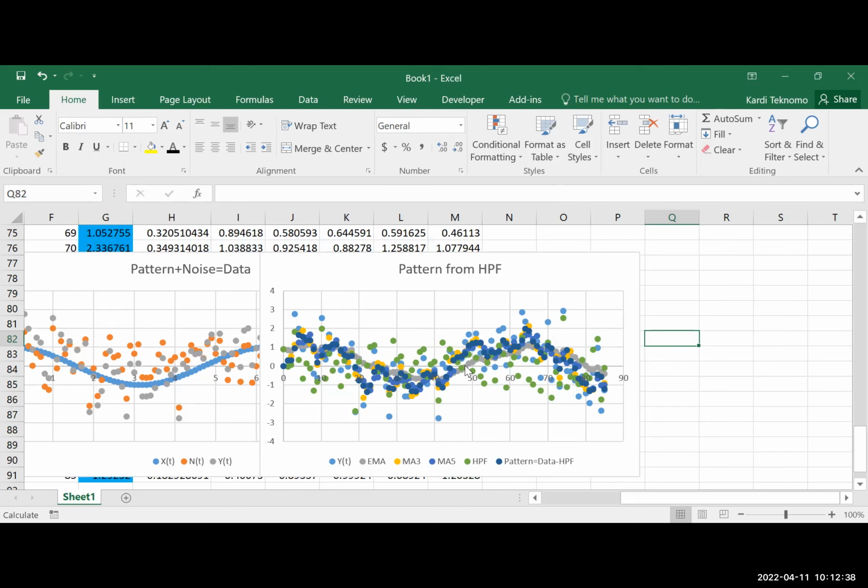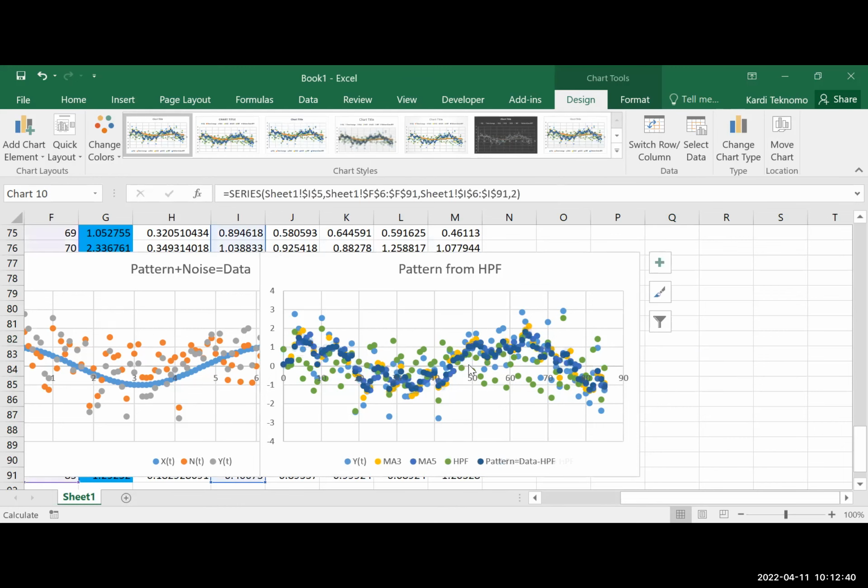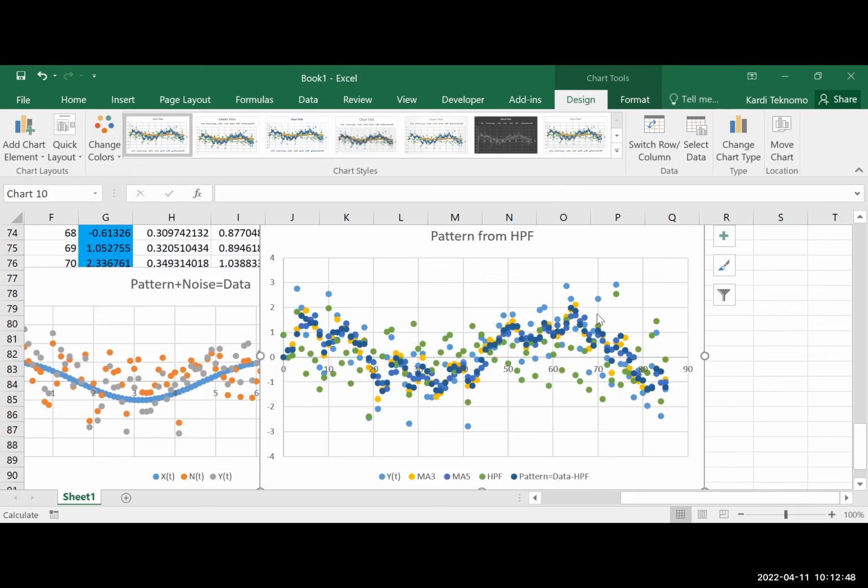So I need to remove the EMA, the moving average. So how to do that? I'll make it bigger so I can get the data with this yellow.